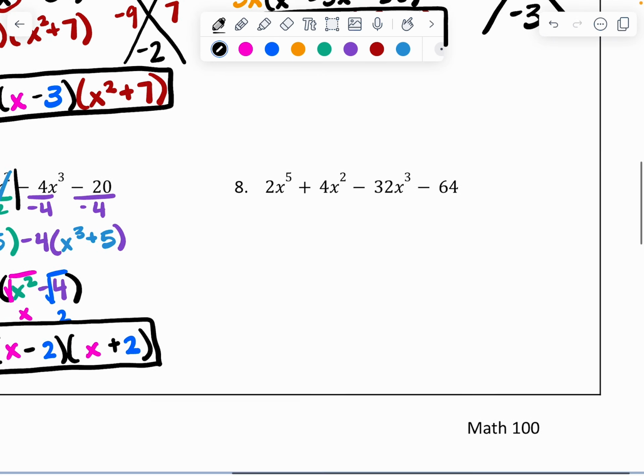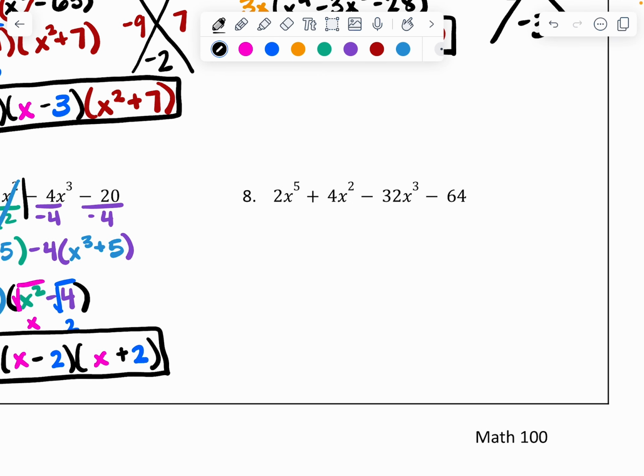Okay, last example of the day. I know right away that I can factor out 2. Oh, and I just noticed that this is not in standard form.